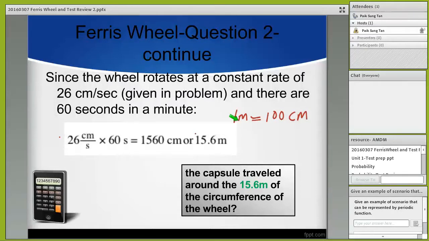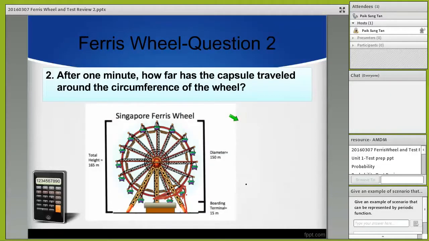Okay, that's only around the circumference. That's not the height of the capsule from the ground. What we had just calculated is only around the circumference right here, but we actually need to find this height right here.